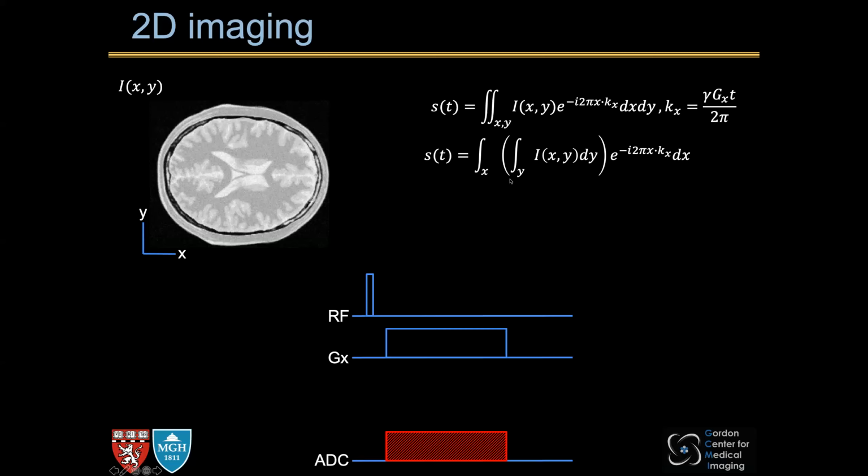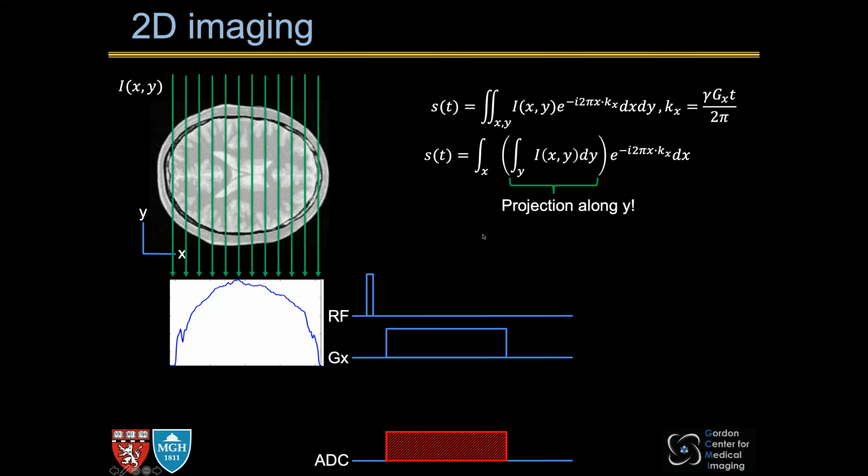In other words, this inner integral is actually a projection along the y-axis. So we sum all the signal contributions for the voxels at the same x location, which is just a projection along the y-axis.